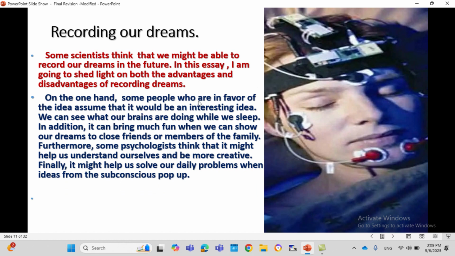On the one hand, some people who are in favor or supporting the idea assume that it would be an interesting idea. We can see what our brains are doing while we sleep. In addition, it can bring much fun when we can show our dreams to close friends or members of the family.